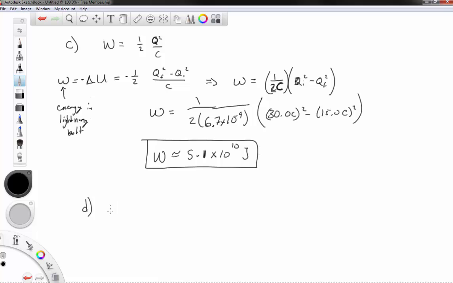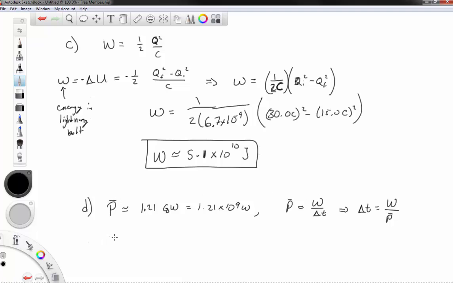Last but not least, we're given that the power is 1.21 gigawatts. That's 1.21 times 10 to the 9 watts. Remember that power is work per unit time. We're trying to solve for time, so time is the work or the energy divided by the power.